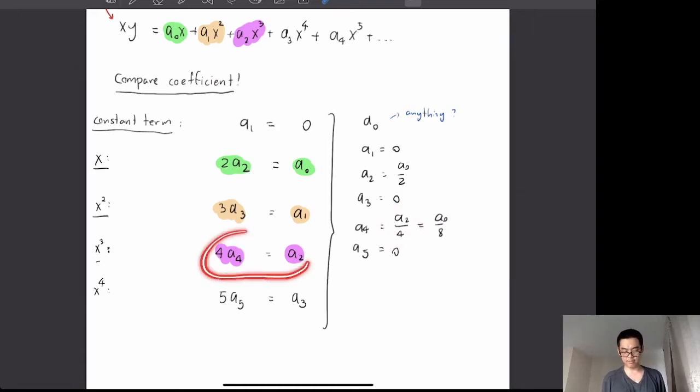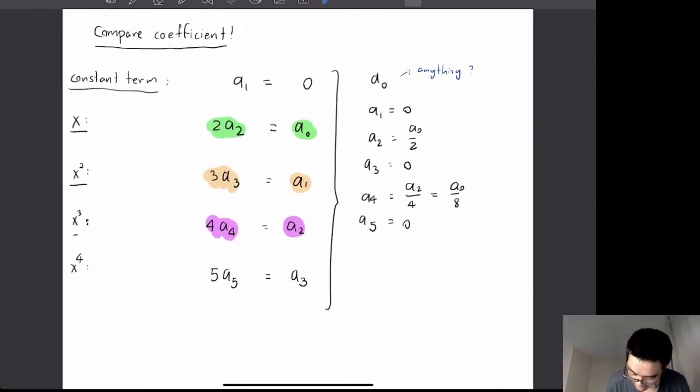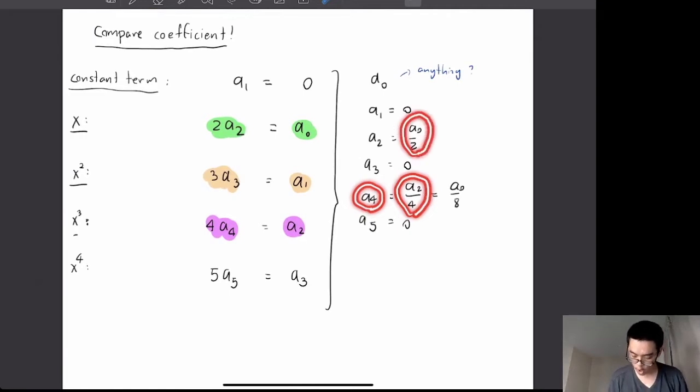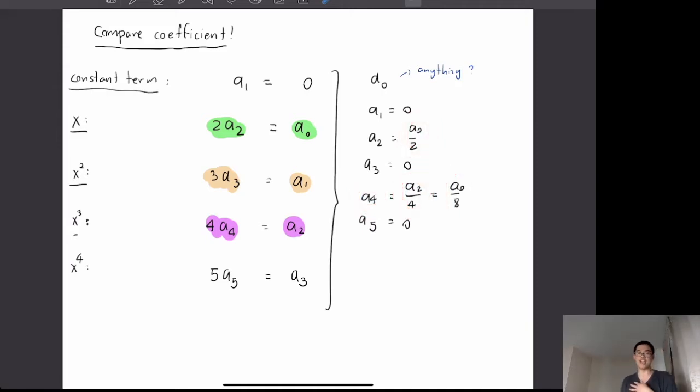Because of this. But then a2 is a0 over 2, right? So we can combine this: a4 is a2 over 4, but you put a0 over 2 instead of a2, so you get a0 over 8. I hope that does not confuse you, right?